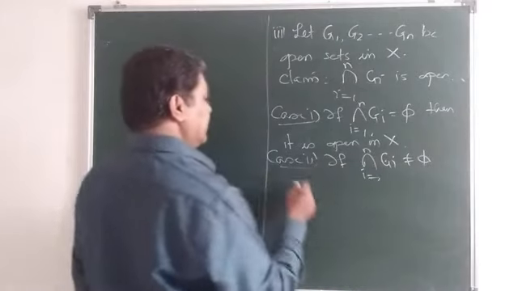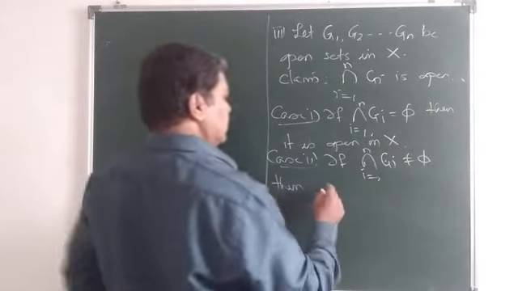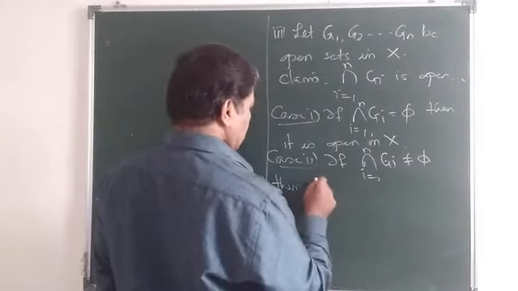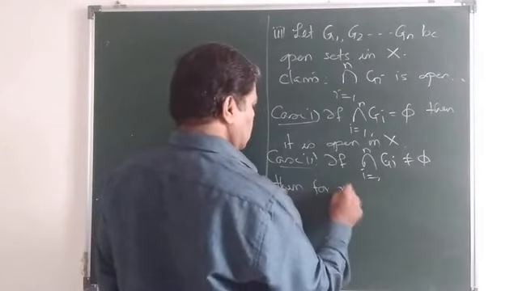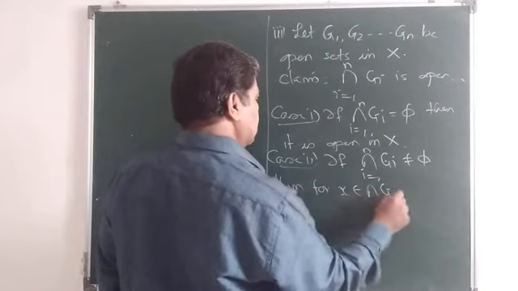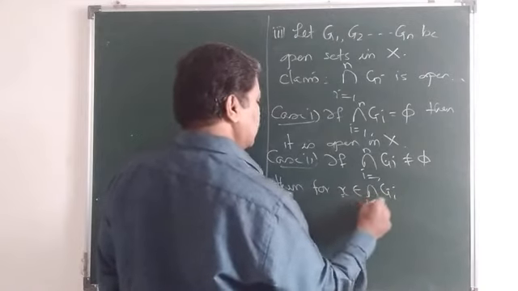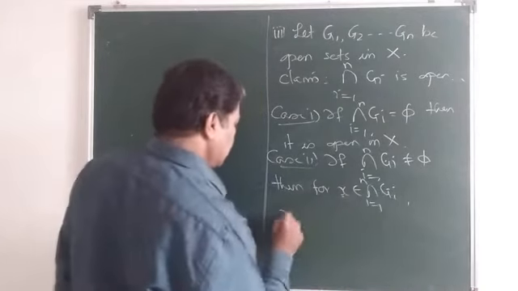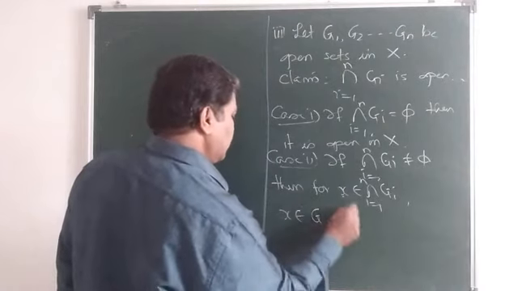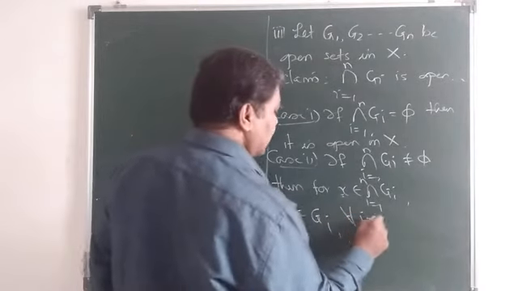Case 2, if the intersection of Gi is not equal to phi, then for x belonging to the intersection of Gi, i equal to 1 to n, x belongs to Gi for every i equal to 1 to n.